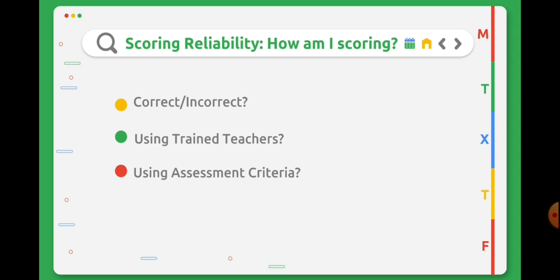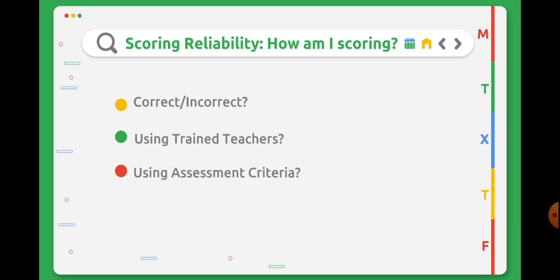Okay, we are moving on to the next part, scoring reliability. How am I scoring? For example, is the test going to be scored as correct or incorrect answer such as multiple choice? Or the test will be scored by trained teachers such as in listening and speaking test?